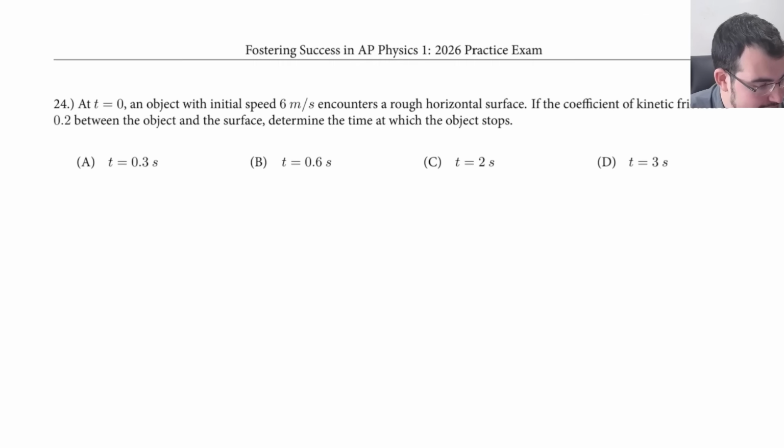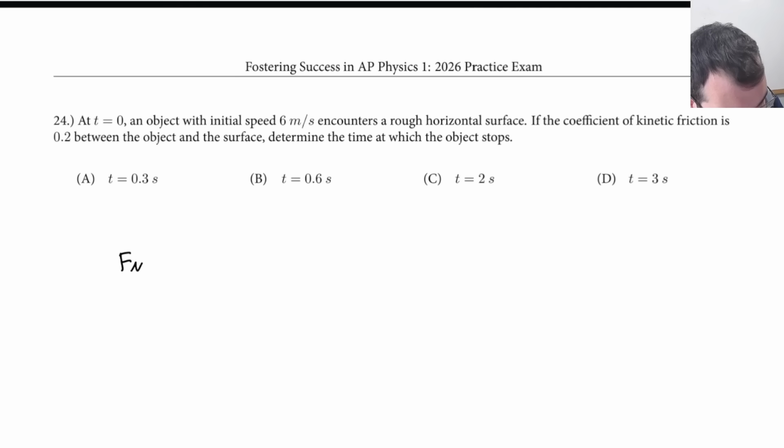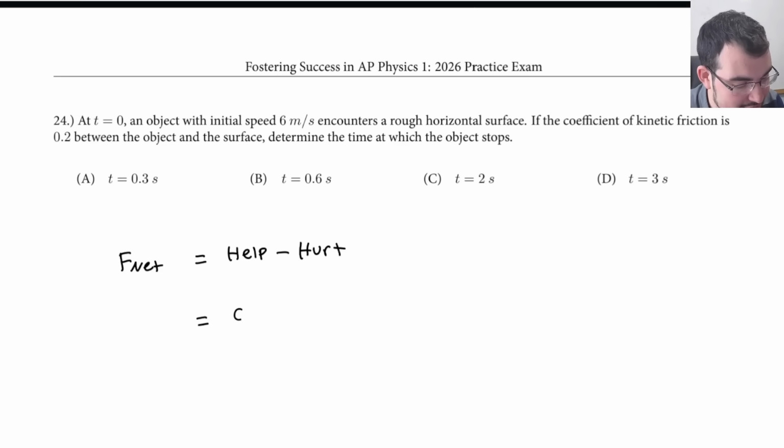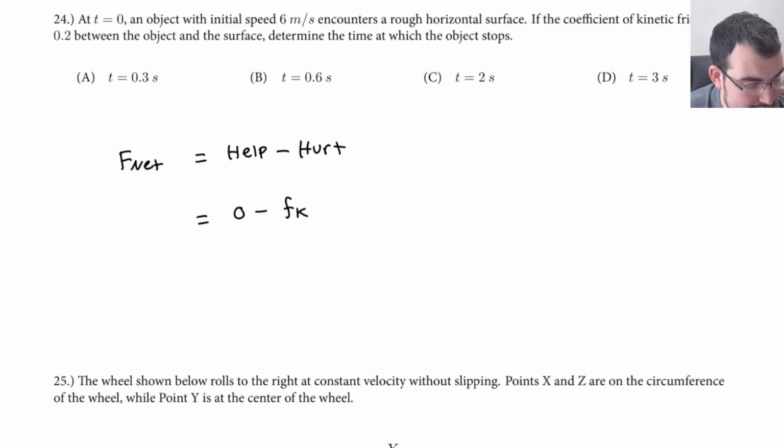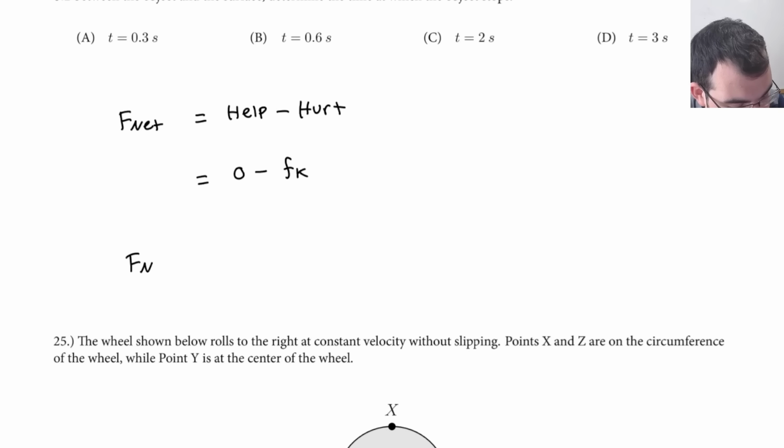So if we're on a flat surface, we know that our net force is going to be the helping forces minus the hurting forces. And if I'm moving along a flat surface with nothing pushing me, I'm getting no help, but friction force is hurting my motion. So my net force is just going to be the negative of the frictional force, which is mu k times normal force.